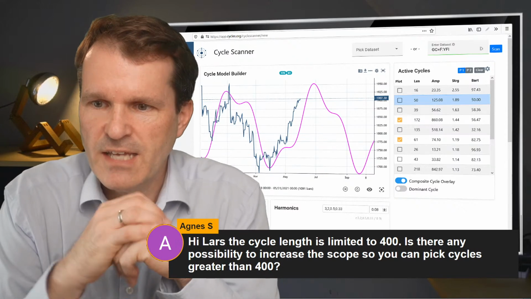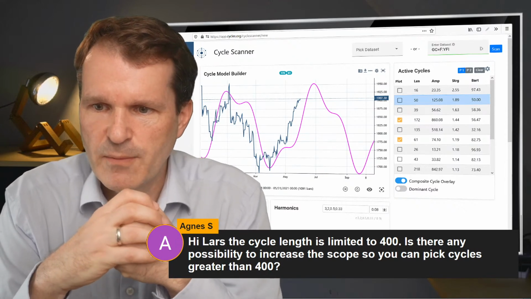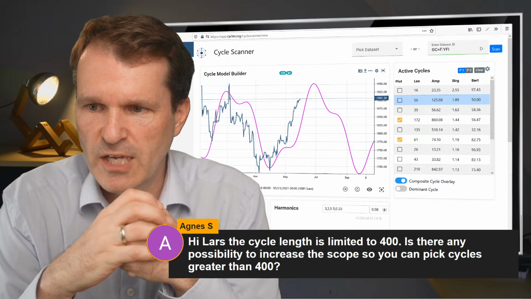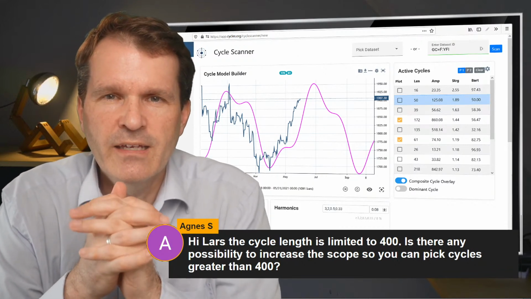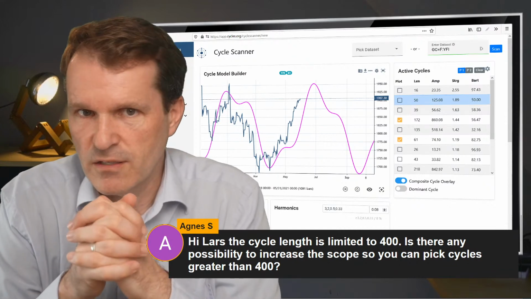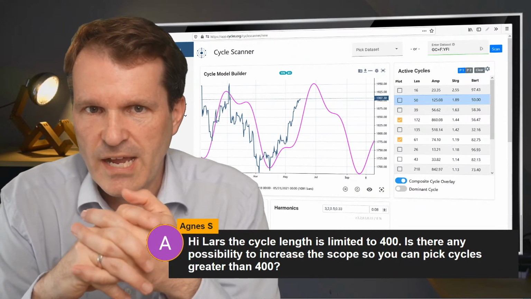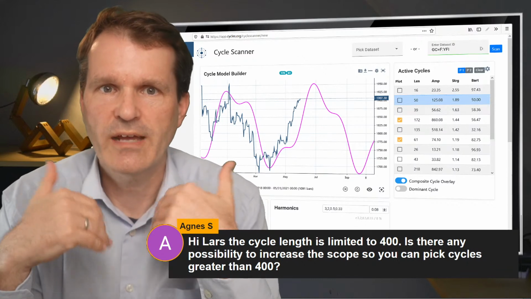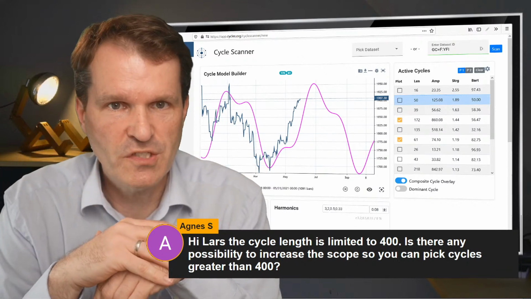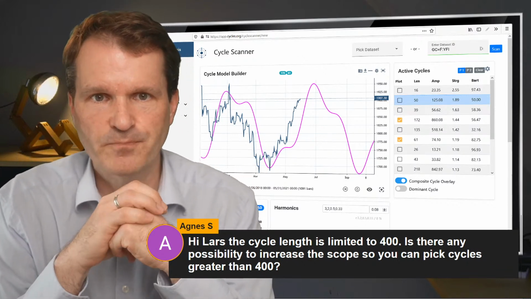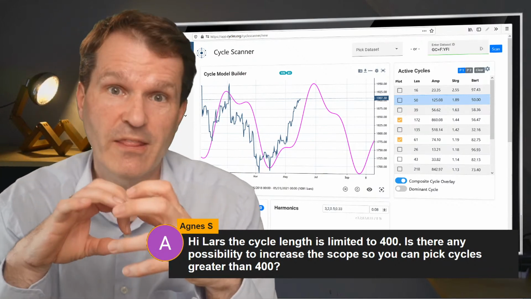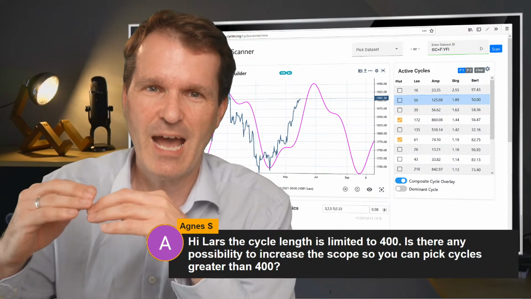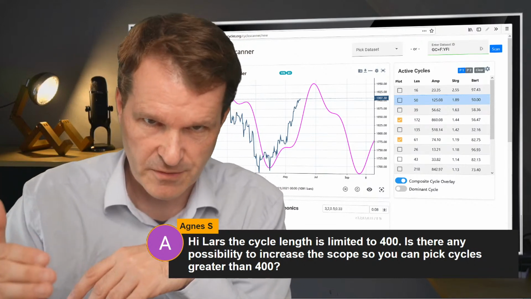Hi Lars, the cycle length is limited to 400. Is there any possibility to increase the scope so you can pick cycles greater than 400? In general, I would recommend, if you look for longer cycle length, to go to the next higher time frame, which is using weekly data. When using weekly data in your analysis, you can detect cycles up to a length of 400 weeks.